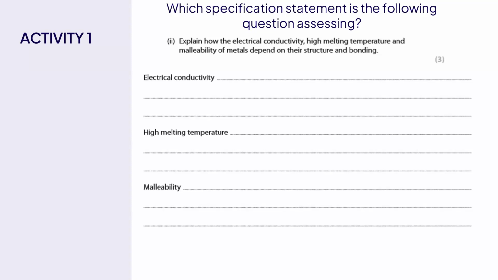I'm not sure exactly where it is on your screen, but you've got a pack. If you can bring that up on the screen, then have a look to see if you can find out which particular specification statement that question is actually designed to assess. And I'll give you a clue. It's in number 3.